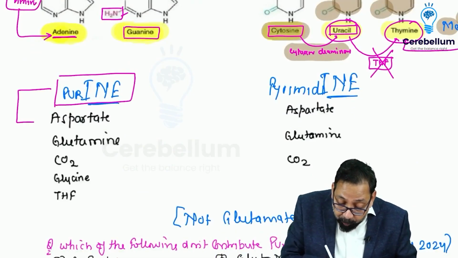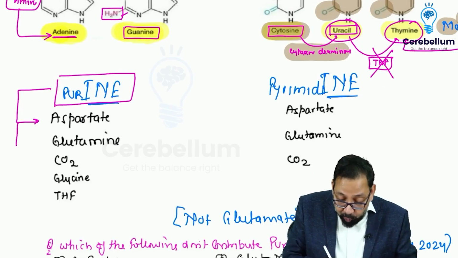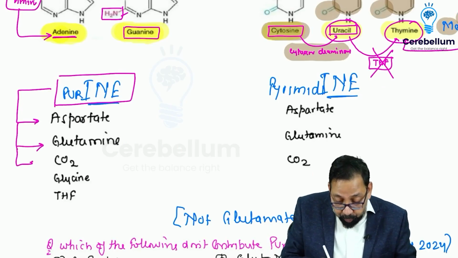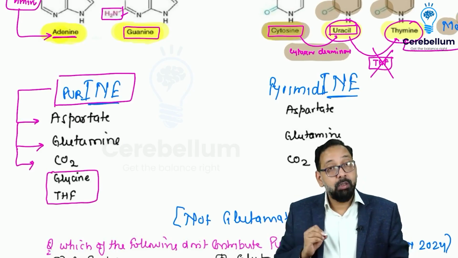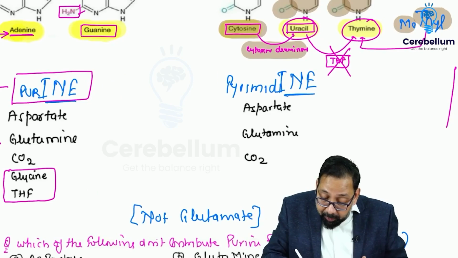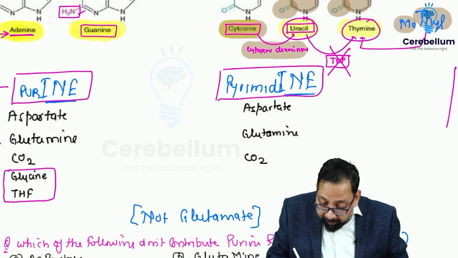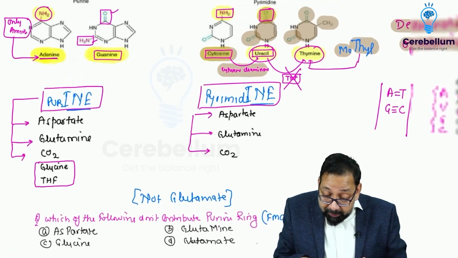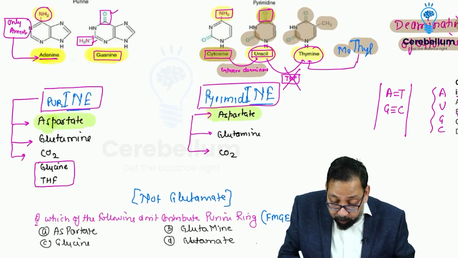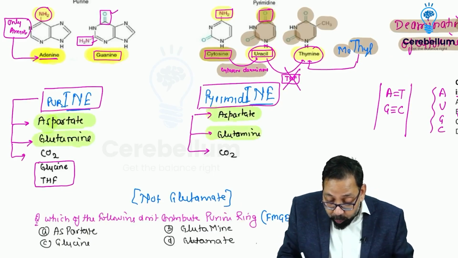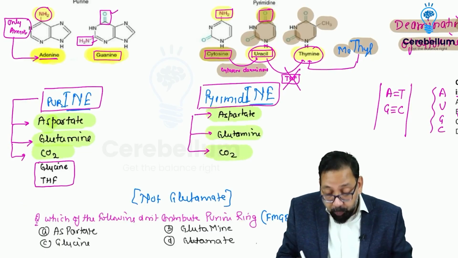Purine synthesis requires aspartate, glutamine, CO2, glycine, and folic acid. In pyrimidine, we require aspartate, glutamine, CO2. So I can say the initial 3 are the same: aspartate, glutamine, and CO2 are common to both.